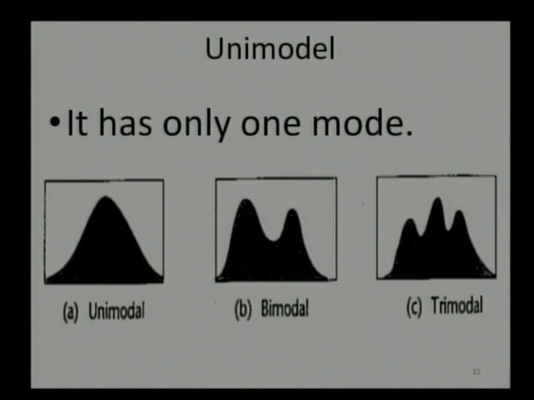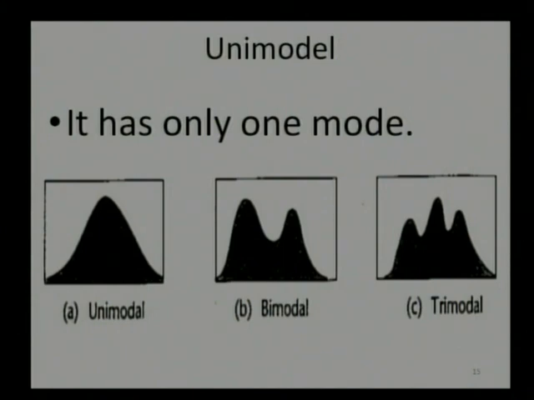In the non-normal condition, you may have a bimodal as well as a trimodal curve, meaning your curve may have two peak points and also three peak points in the case of non-normal data.